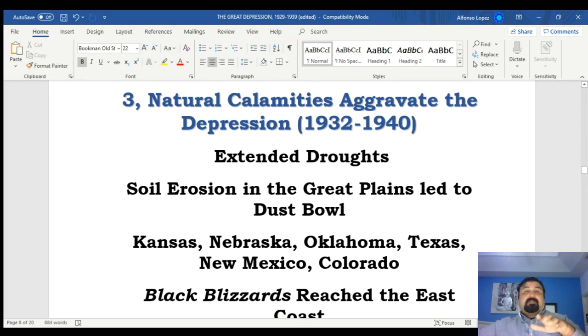Now, the third reason, the third factor that led to the Great Depression. Now, this is a factor that is outside of the realm of human beings. This is something that has to do with nature. Nature also participates in shaping history, and it's not just a passive participant.